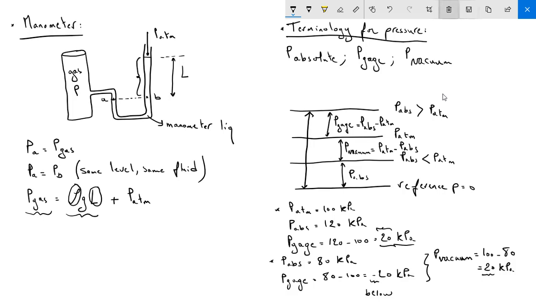Now we will move on to the temperature. In this section, for temperature measurement and units, we have two scales, the Kelvin and Rankine scales.